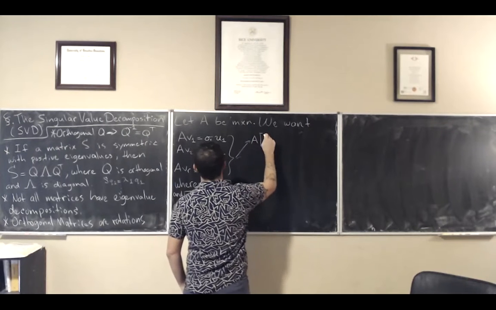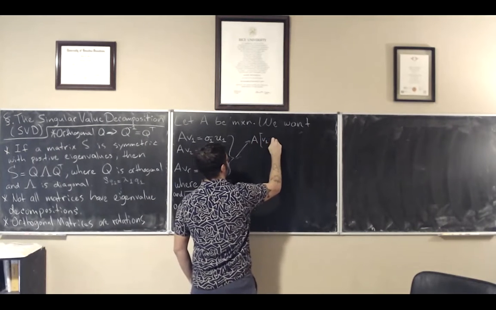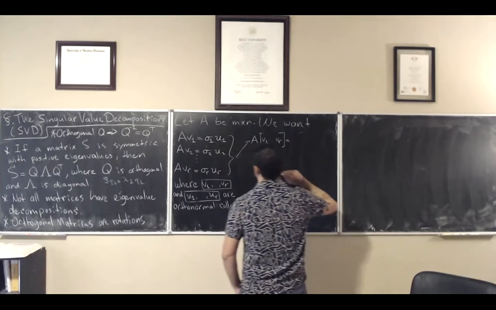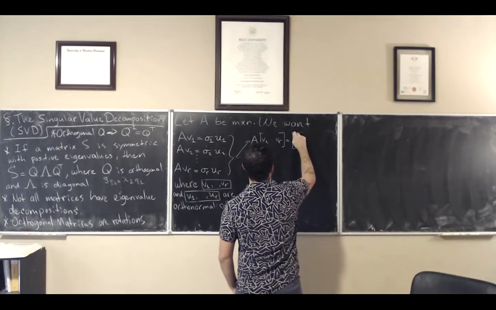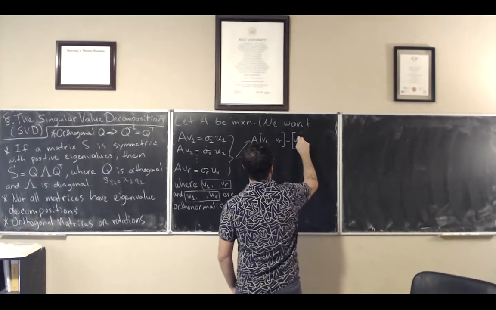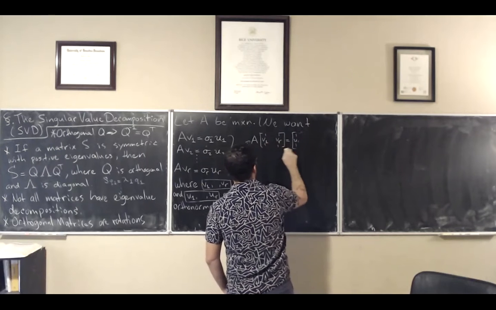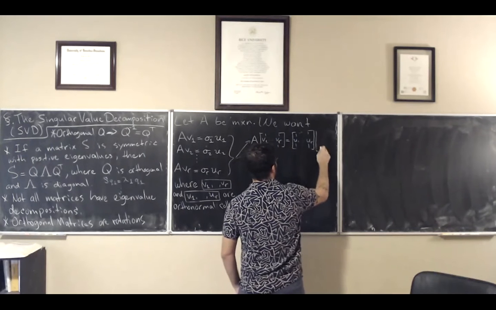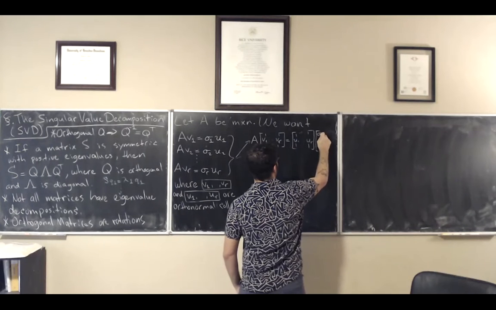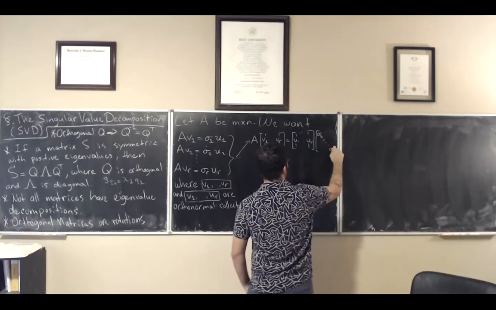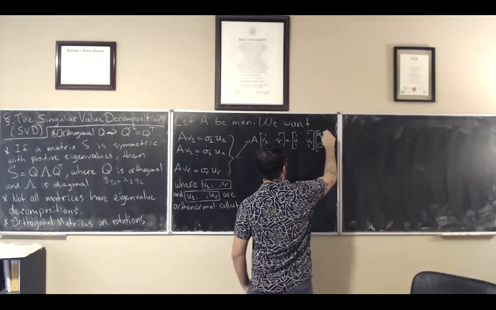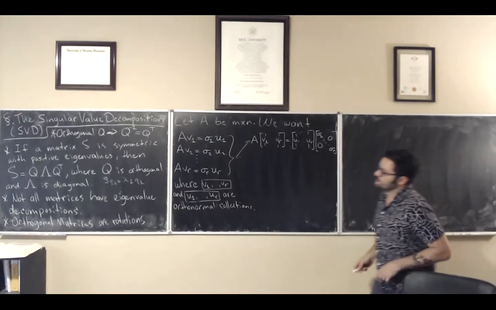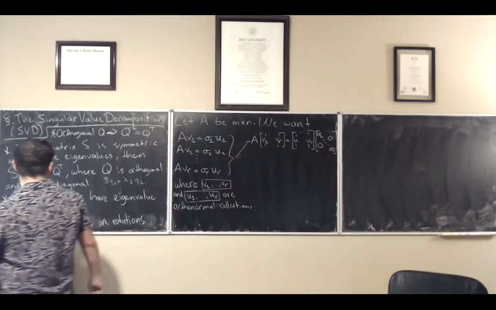So in matrix form, this looks like A times V1 through VR equals U1 through UR, these are all column vectors, times sigma 1 on the diagonal down to sigma R, and there are zeros everywhere else. Of course, the matrix representation is easier to look at here.